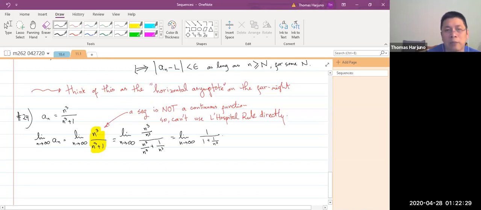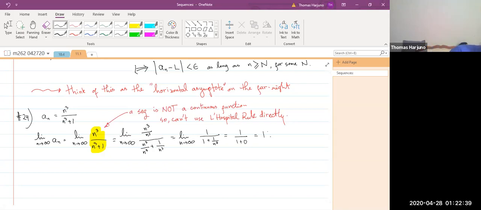Now, when I substitute n by infinity, I get 1 over 1 plus 0, which equals 1.